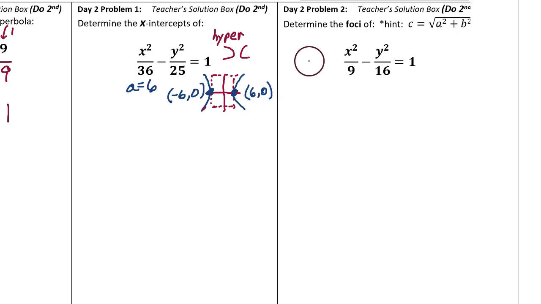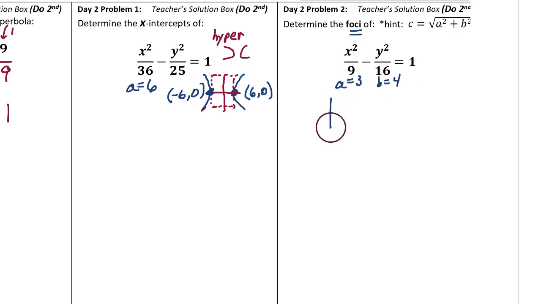Day 2, problem 2. Determine the foci of this hyperbola. Well, what are foci? That's the plural of the word focus, and it refers to the points that are inside the hyperbola branches. To help us understand the question, we could make a graph. a is 3, and b is 4.